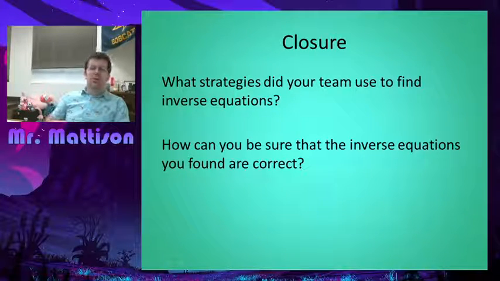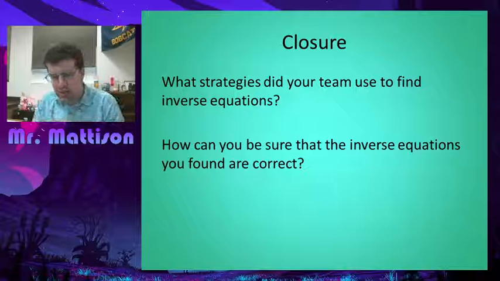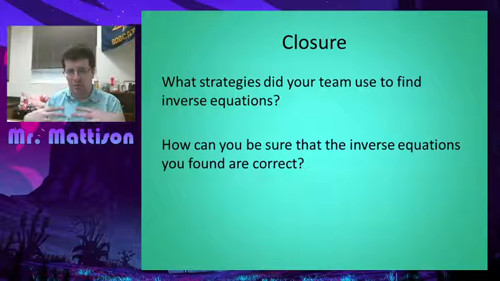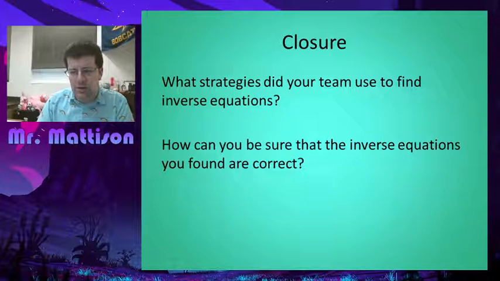So I just want you to think about what strategies you liked and what strategies were good for finding an inverse equation. In general, one of the really common ones which we use is we take the x and the y variables and we transpose them, meaning we switch their places and then solve for y. So we can actually go and do one of those.